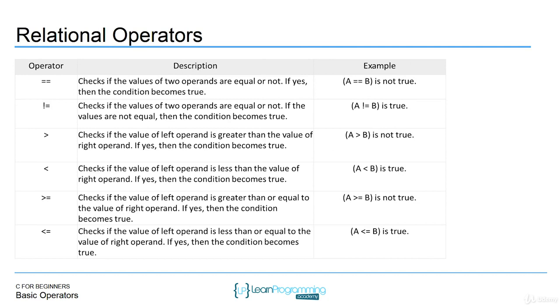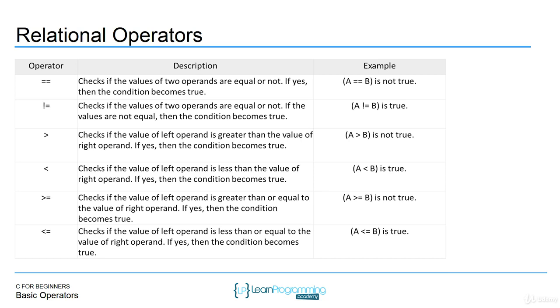The relational operators are comparison operators. They compare two values. So this is important. Equals equals will compare the value of two variables. And if they're the same, it's going to return true, because it's going to return a Boolean expression, true or false, or a Boolean value. Exclamation point equals is checking if the values of two operands are equal or not. So A is not equal to B is how you want to read that.